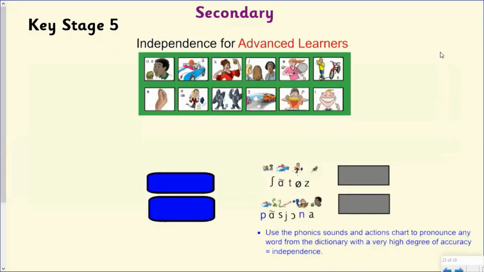So if you have the Physical French Phonics resource book, you may have noticed this grid, which could be very useful for advanced learners, say in Key Stage 5, because all the images have been associated with its corresponding IPA.